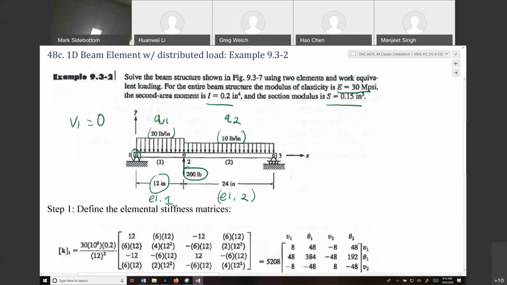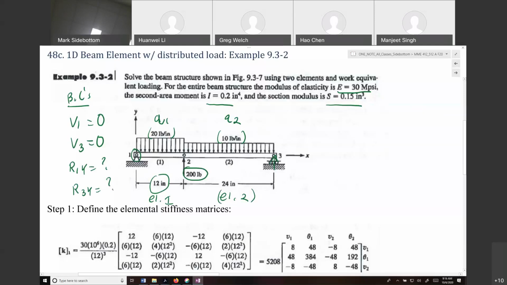At node 3, we know the displacement must be equal to 0. And then we have some reaction forces. We have a reaction force at node 1 we don't know, and the reaction force at node 3 is unknown.